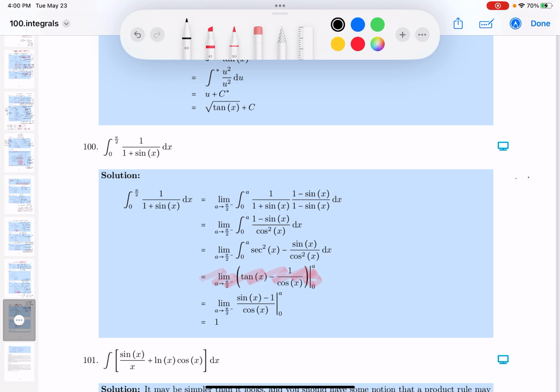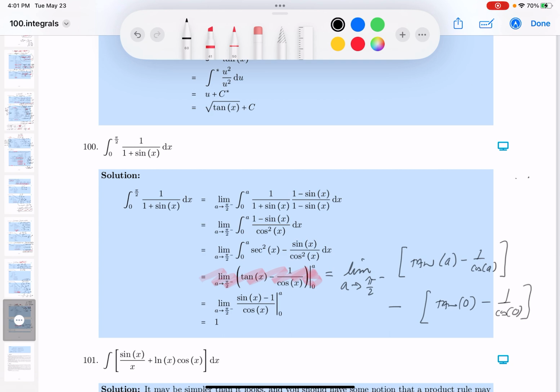That's going to be the limit as a goes to pi over 2 from the left side of tangent of a minus 1 over the cosine of a. Don't panic yet. And then it's going to be minus the tan of 0 minus 1 over the cosine of 0.